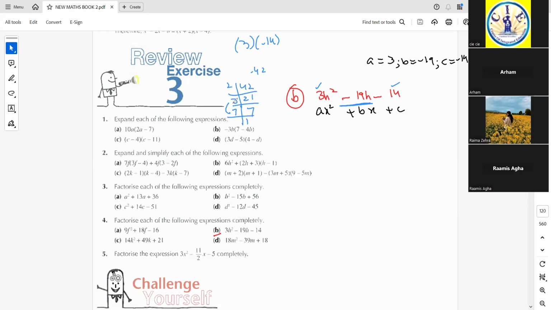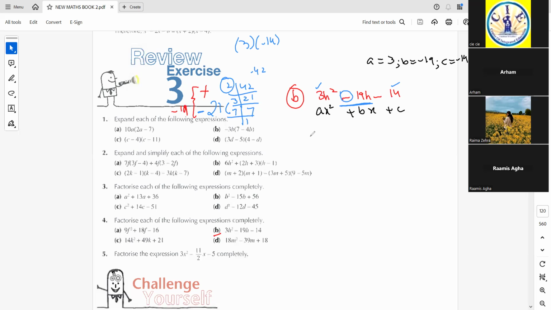So obviously 21 minus 2 would give us 19. But since we discussed that the larger of these two factors has got the sign which the middle term has got, and the middle term has got a negative sign, I'm bound to write down negative 21. With this, I need to have a balance, 21 minus 2 so that I can get negative 19.